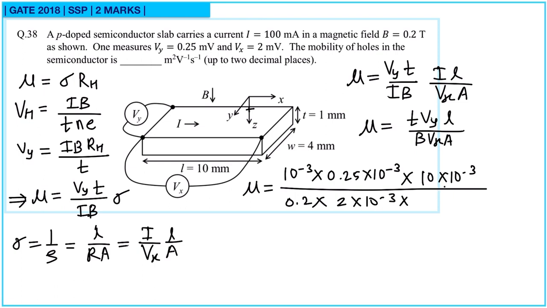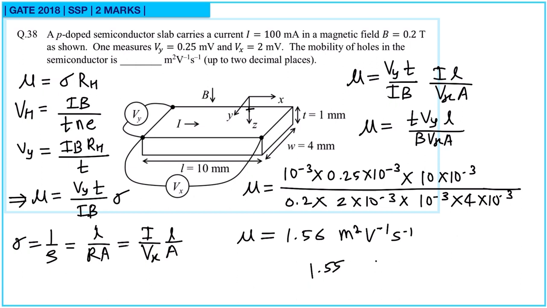And area is this portion, T into W. T is 1 millimeter, so 10 raised to minus 3, and this portion width is 4 into 10 raised to minus 3. So this 10 raised to minus 3 will cancel out, and finally we will get mu is equal to 1.56 meter square per volt per second. And the answer range for this question is 1.55 to 1.58.